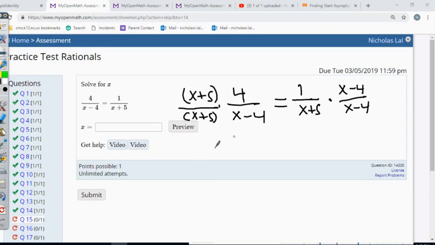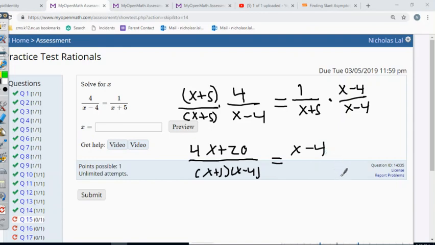So this becomes 4x plus 20 over x plus 5 times x minus 4 is equal to x minus 4 over x plus 5 times x minus 4.